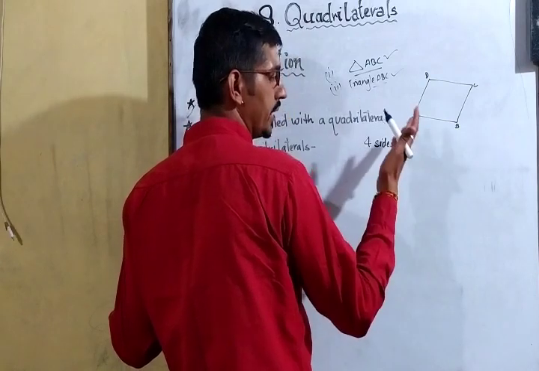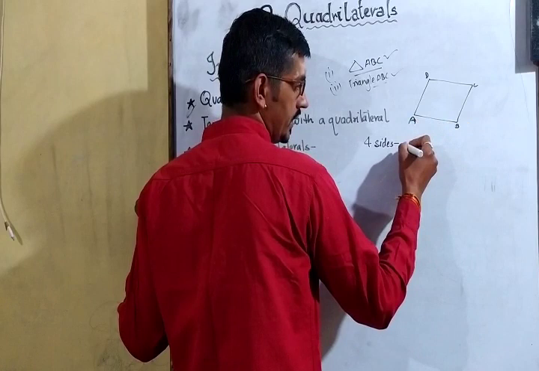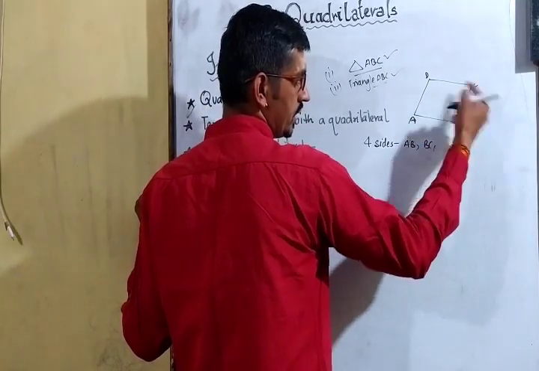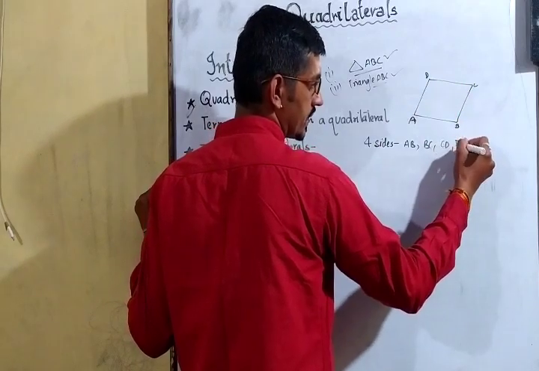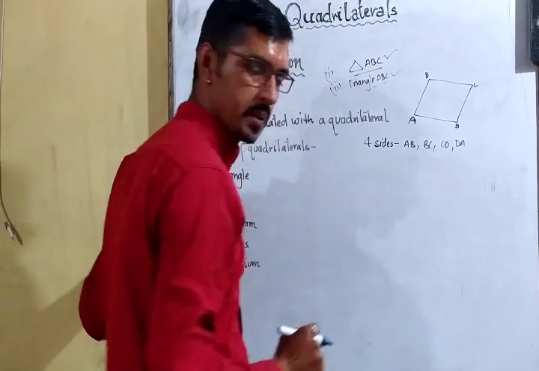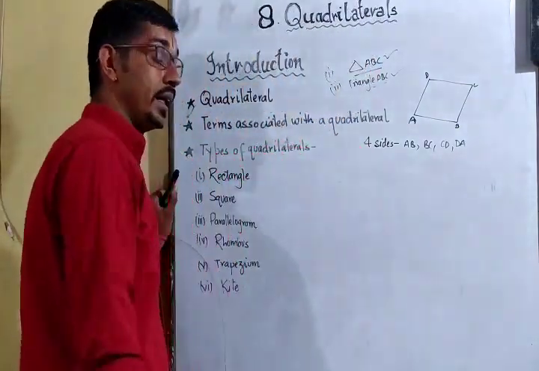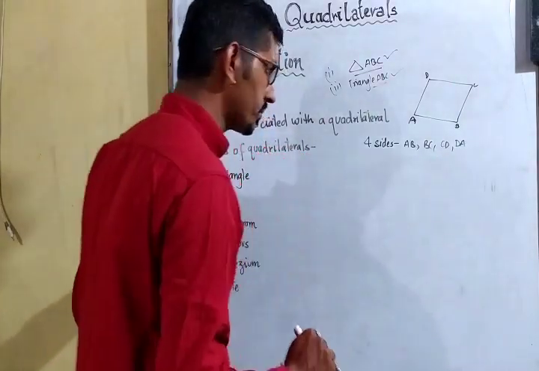And we have to write the names. First AB side, then BC side, then CD side, then DA side, or you can say AD side. हम इसको उल्टा सीधा कैसे भी पढ़ सकते हैं, but you should know how to write the names of sides. It has four sides, AB, BC, CD and DA.